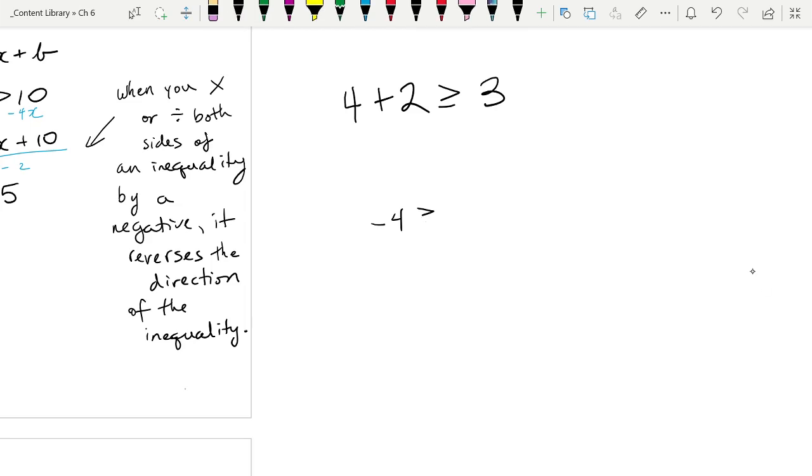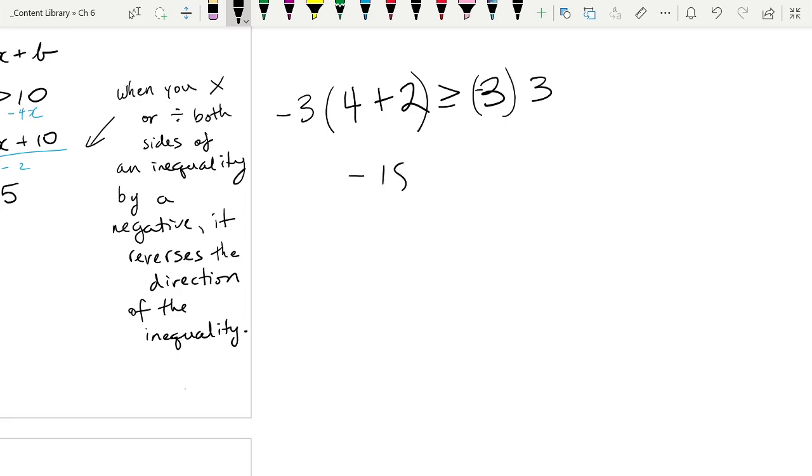Let's start with the same inequality, but now let's multiply both sides by 3. So this was 6. What's 6 times 3? 18. Is 18 greater than 9? So we're still true. What if instead of 3, we multiplied by -3?